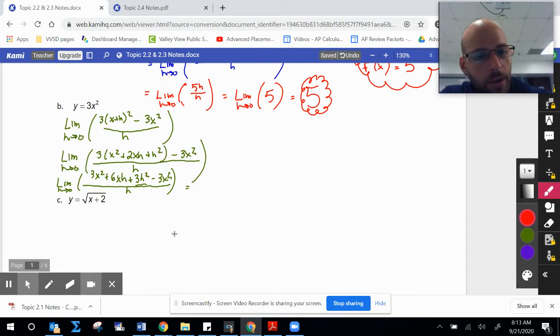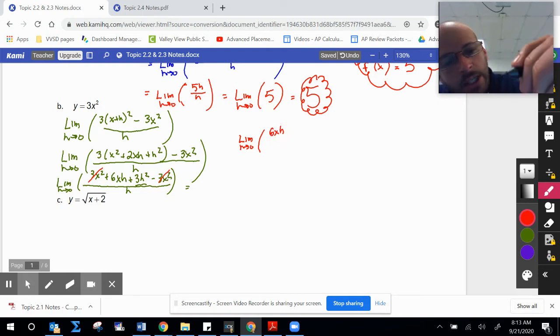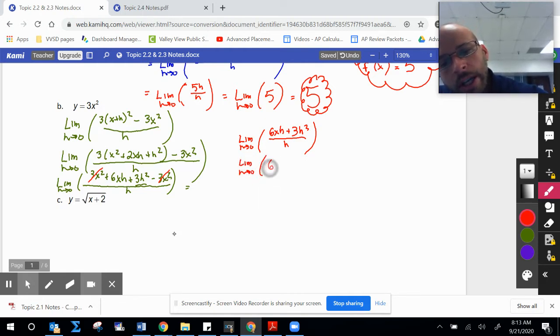And again, the fun part, 3x squareds cancel. I'm going to give myself a little bit more room here. I'm going to say the limit as h goes to 0 of 6xh plus 3h squared all over h. If you reduce an h out, I have just 6x plus 3h.